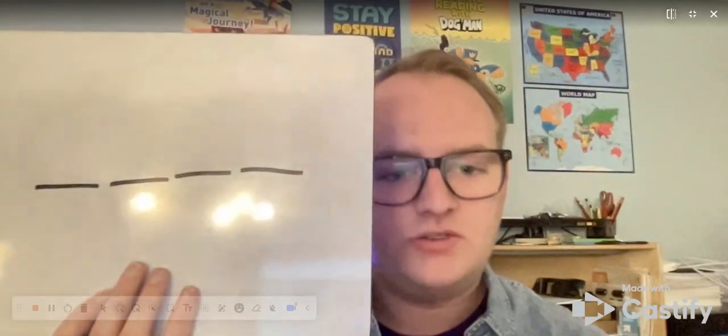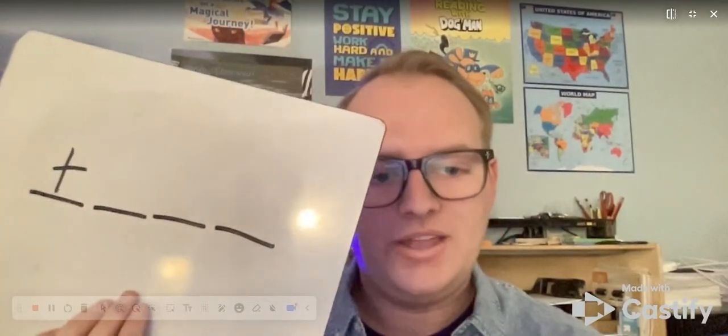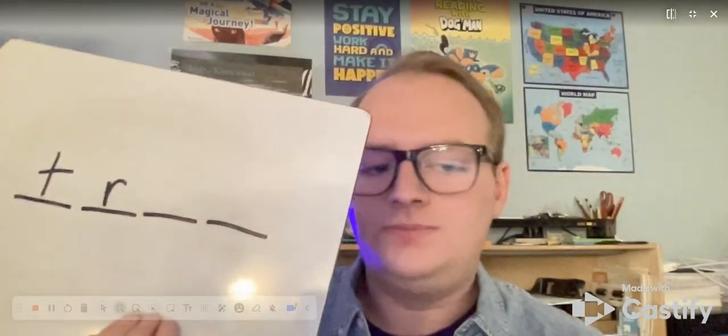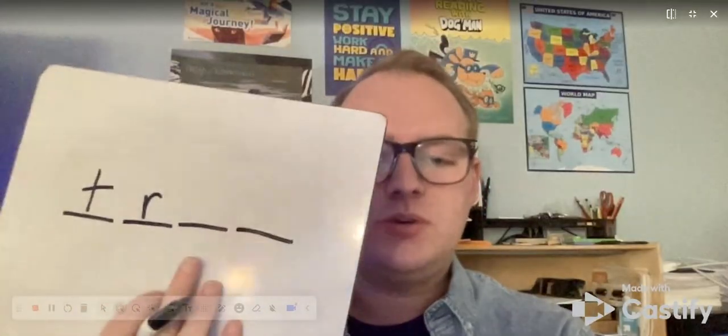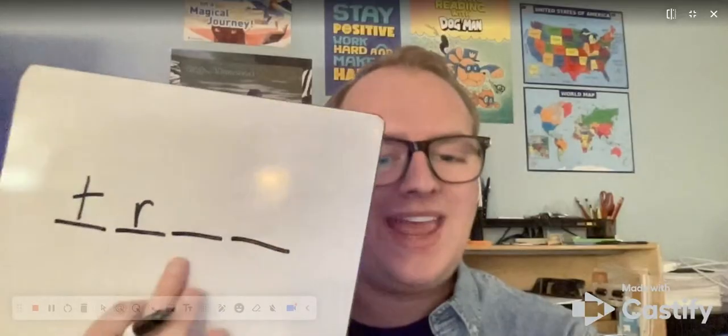You might be able to do this faster than what I'm doing, and that's totally okay. But that first sound was t. If you wrote a T for that sound, you are awesome. The next sound was r. Now the next sound is A. Now we have learned a new vowel team to spell A. In the middle of a word, A is spelled with an A-I.